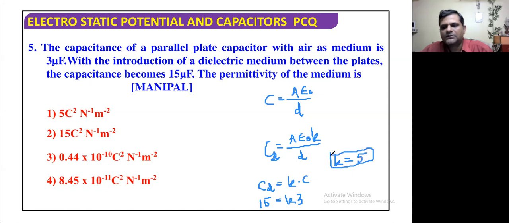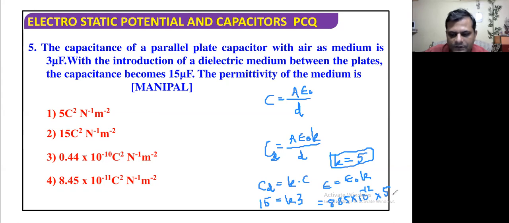Once we get K, we can easily get the permittivity epsilon by using the formula epsilon naught into K, where epsilon naught is going to be 8.85 into 10 raised to minus 12, which has to be multiplied by 5, so that it will become 8 5s are almost 45, or 9 5s are around 45.